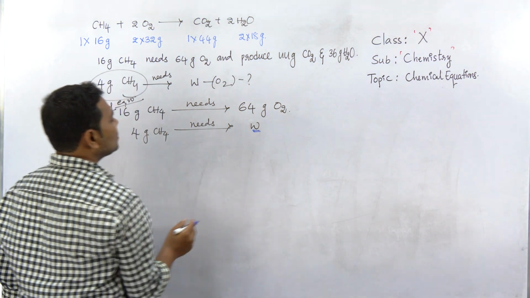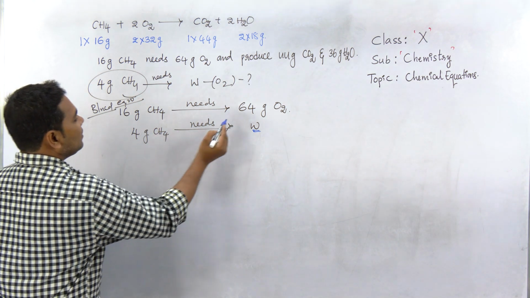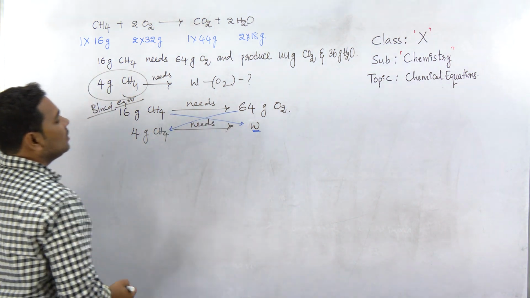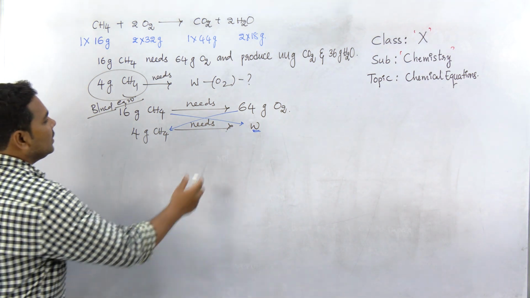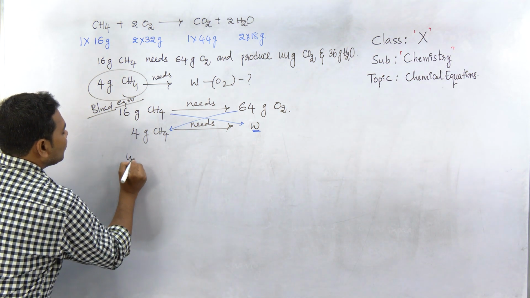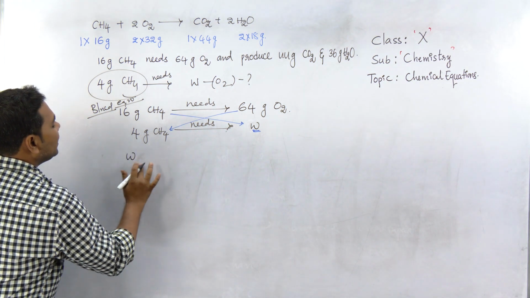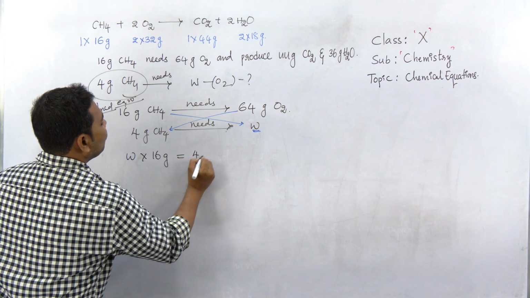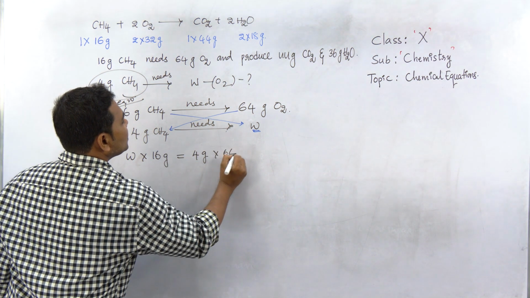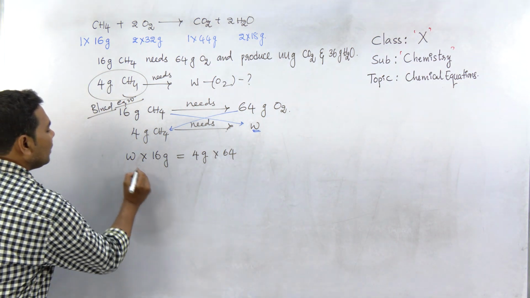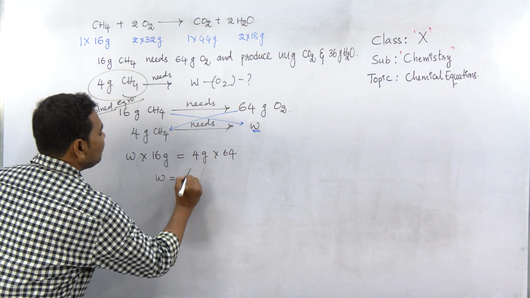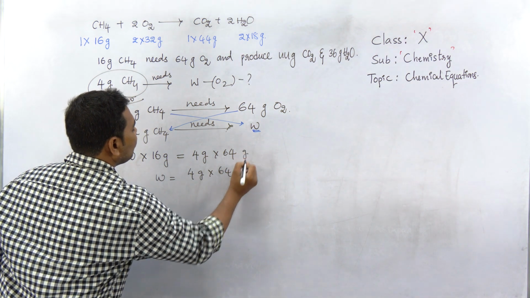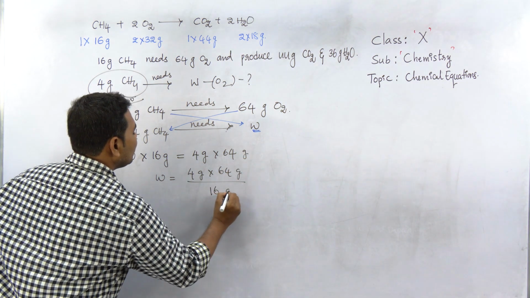So how do we find it out? We just cross multiply the weights. So I get W times 16 grams of methane is equal to 4 grams of methane into 64 grams of oxygen. W is equal to 4 gram into 64 gram by 16 gram.